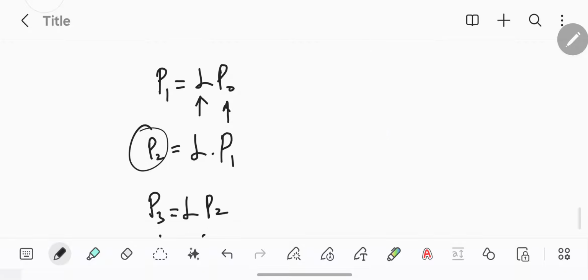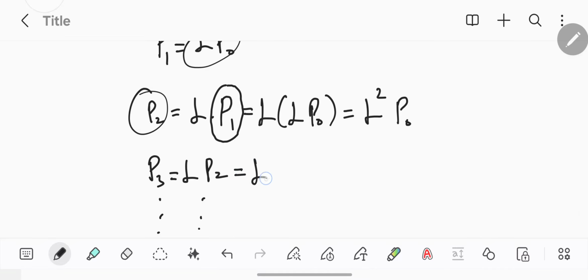But the most important thing is that if you put the value of P1 from here, which is L times P0, I can put here L, and this value is L times P0. If I put here L times P0, it will be L square times P0.